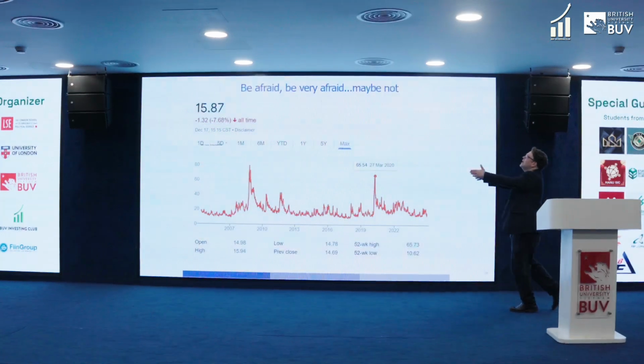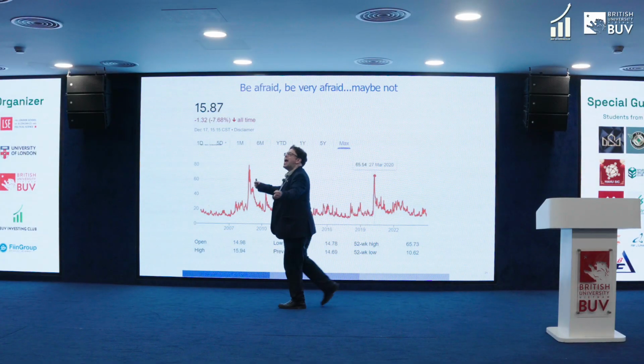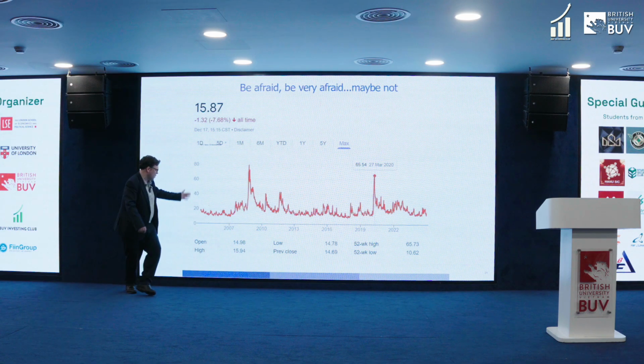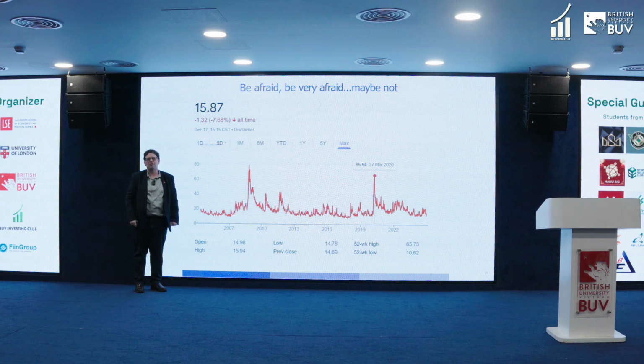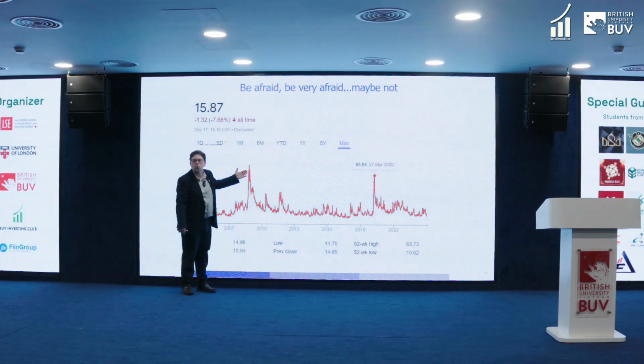This is the full history of the VIX index. Again, an indicator of how scared financial markets are, going back to its origins in the early 2000s. Now, for the VIPs in the front row, we remember the global financial crisis well. Whether those are happy or sad memories, who knows, but we were around then.